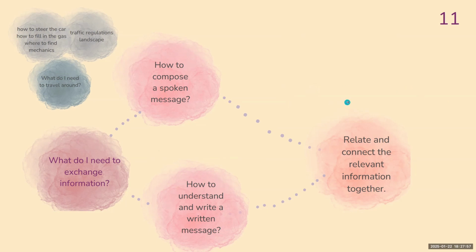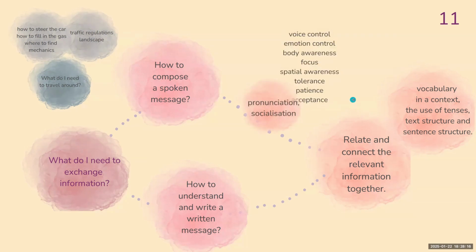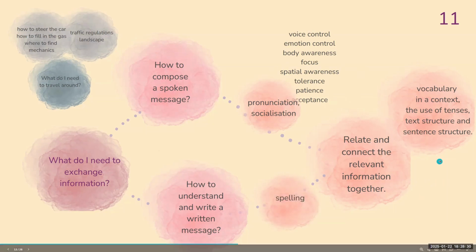That is the main aim of language learning, which is to learn the vocabulary in context, the use of tenses, not how the tenses are formed, but what is the use of them, text structure, and sentence structure. If it is the spoken language, we need to also focus on pronunciation and socialization, which is what is written here. And if we have the written language, it is good to know how to spell.